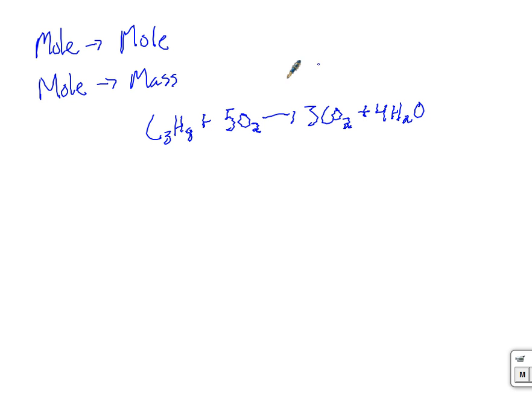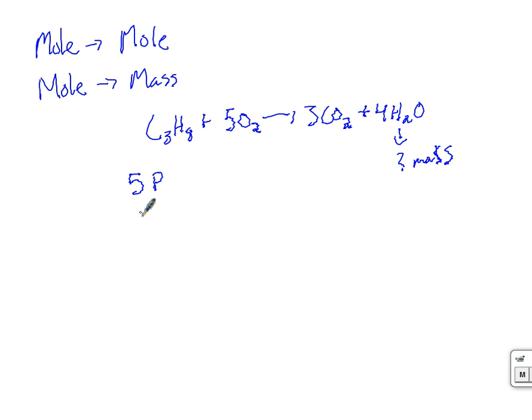So let's say I start with 5 moles of propane, and I want to know how much water is produced, the mass. I want to know what's the mass of water produced when I have 5 moles of propane. I have a mole ratio: 1 mole of propane gives 4 moles of water.